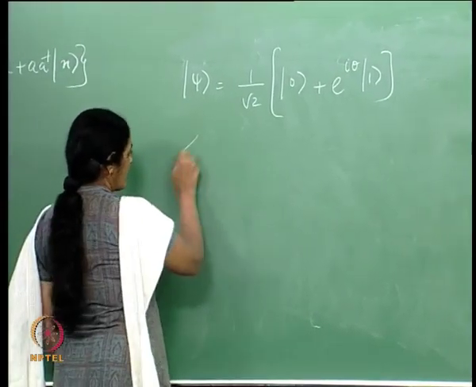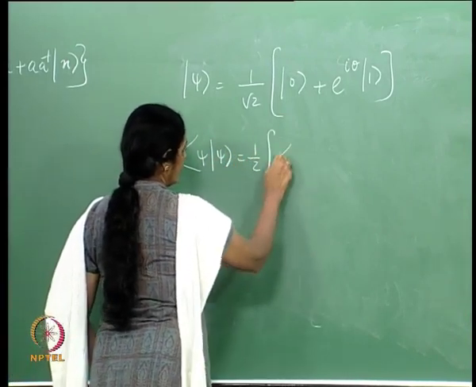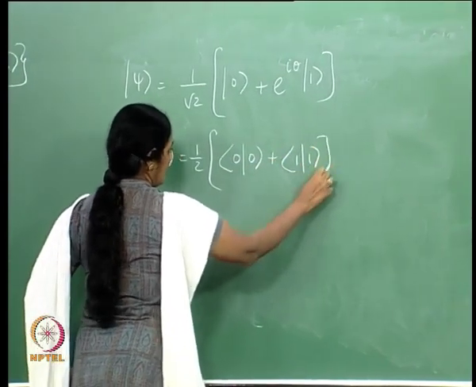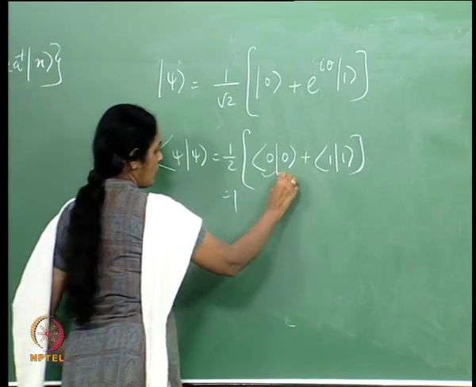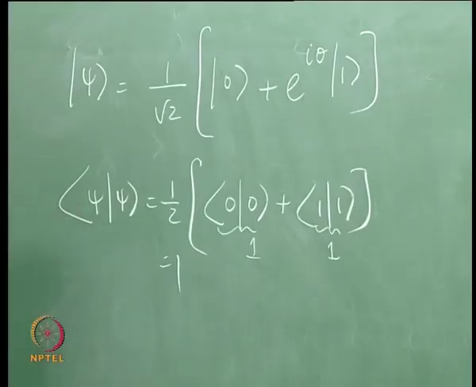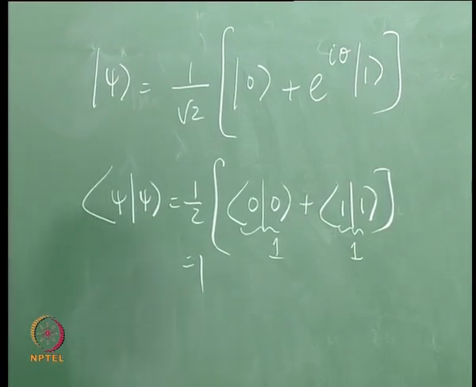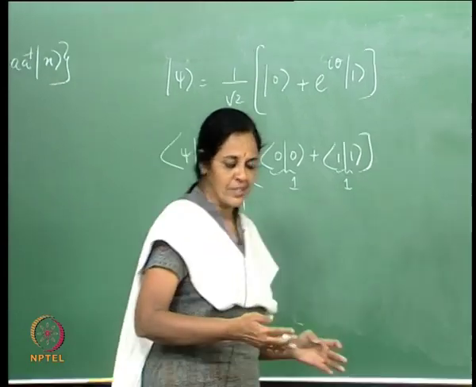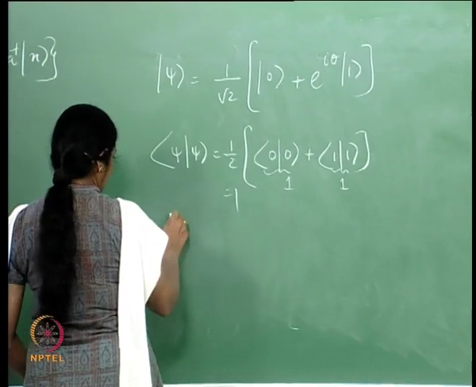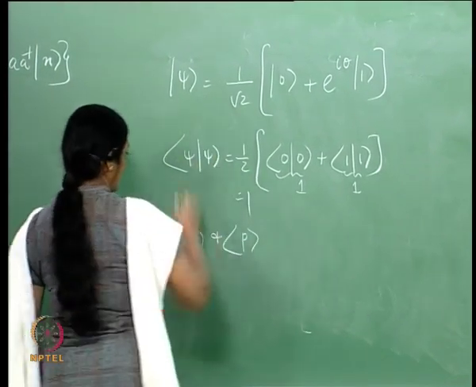It is normalized, I can check that out, it is normalized to unity because this object is 1 and so is this, and therefore, I take this normalized state ket psi, it is a superposition of ket 0 and ket 1, and I wish to find expectation x and expectation p in the state psi.